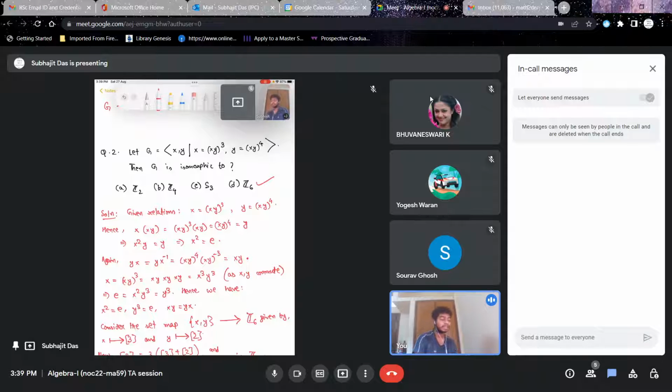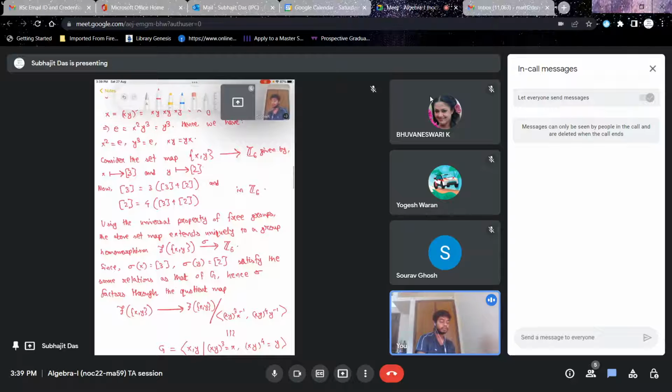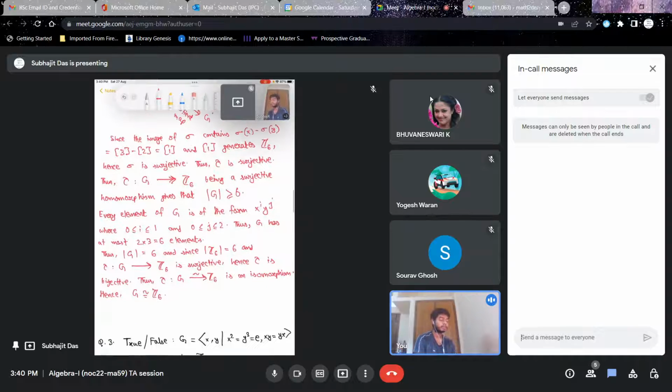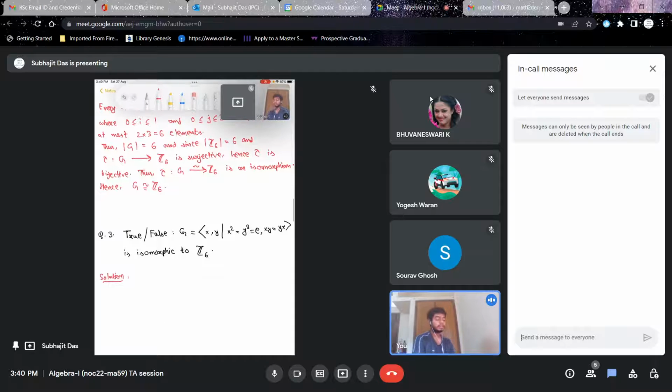We didn't use these relations. We only use these three relations: x square is identity, y cube is identity, and x and y commute. So it's natural to say that G is isomorphic to Z6, but let me again give you a sketch of the argument.